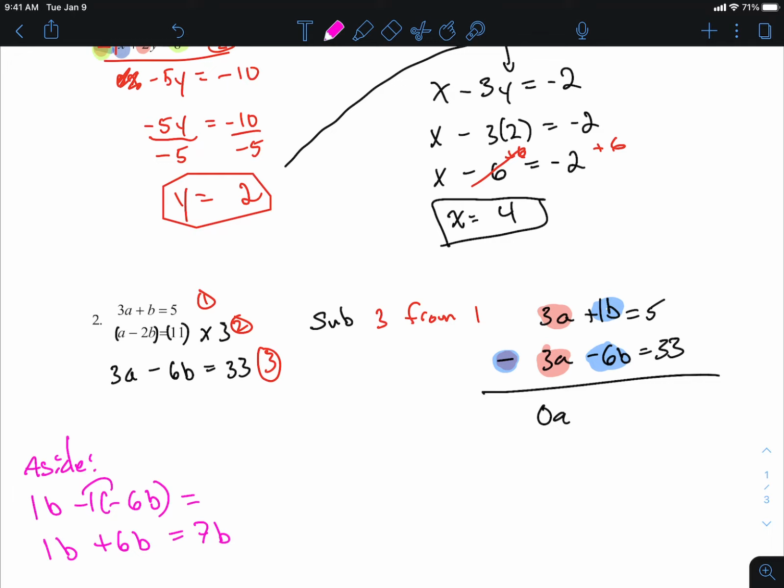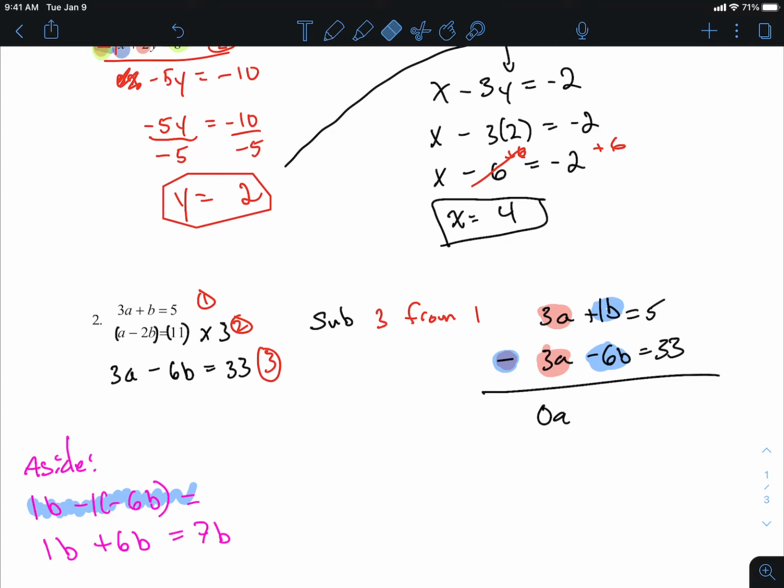Wait, so you're subtracting it? Yeah, so it becomes a positive because that's not like multiplication. Well, it is kind of like multiplication, right? If you look here at this line, there's kind of like an imaginary 1 out front, right?